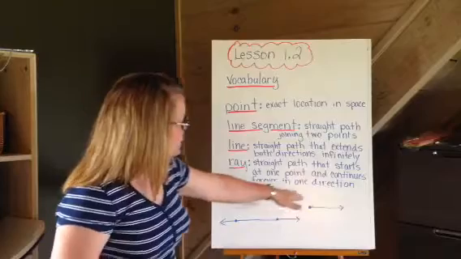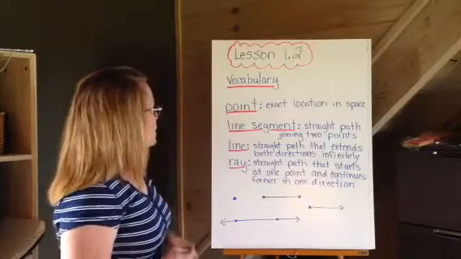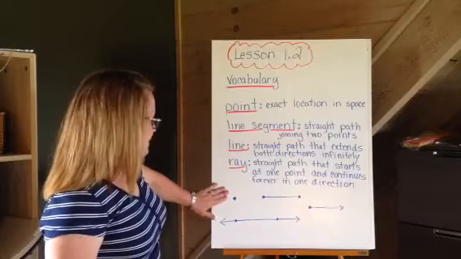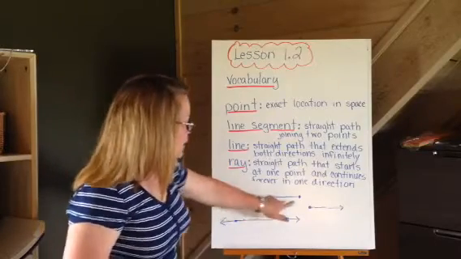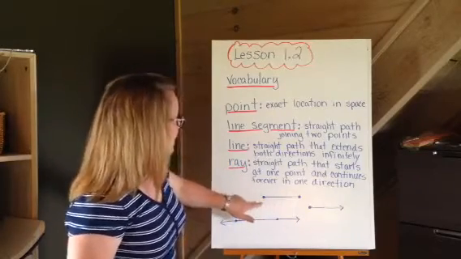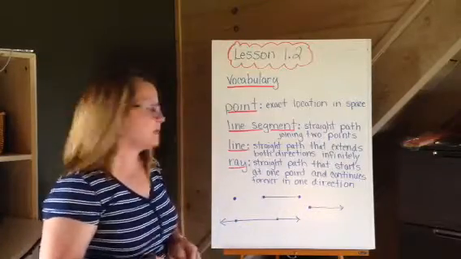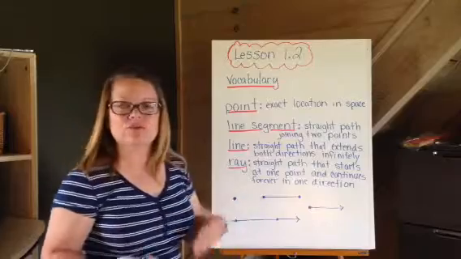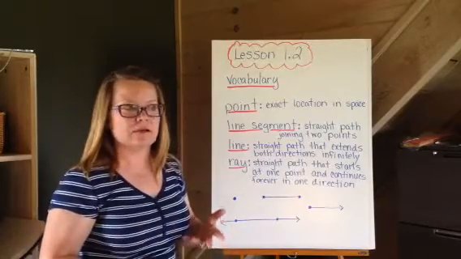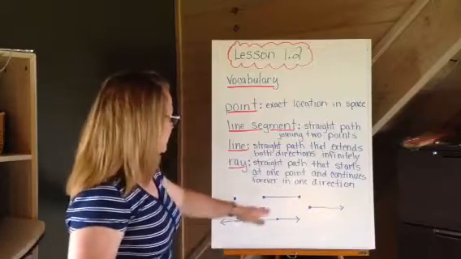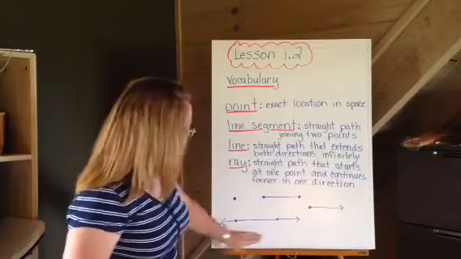So down here I've got some pictures of those 4 vocabulary words. Of course, this is the point, an exact location. This would be my line segment because I have 2 points that are joined by that section there. I also think of a line segment as something that has a beginning and an end, if you want to think of it that way. This would be my line.